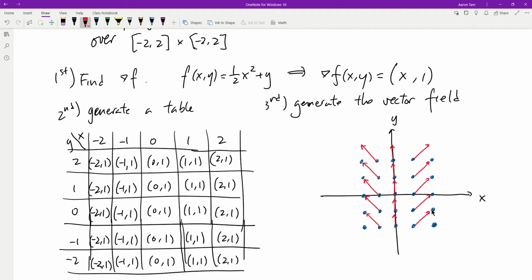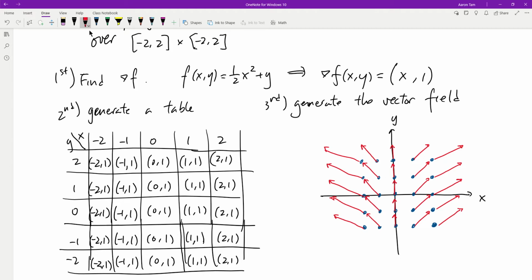They both still go up 1, but they go 2 to either right or left. So therefore, this one will probably go something like this. So that's our vector field.